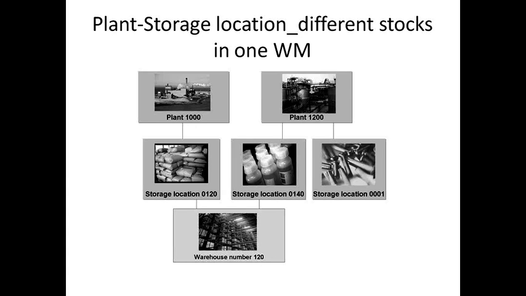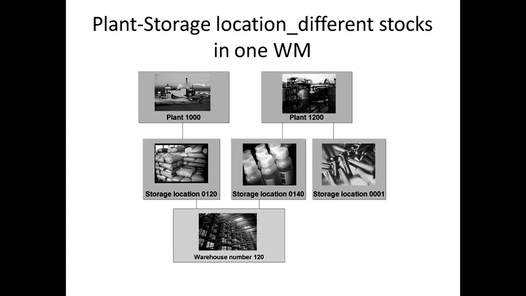So whenever you assign the storage location to any warehouse, then it is warehouse managed. Otherwise, it is not, so you don't see the tab in GR, because it is unnecessary to create a new tab. There are some standard function modules that validate.